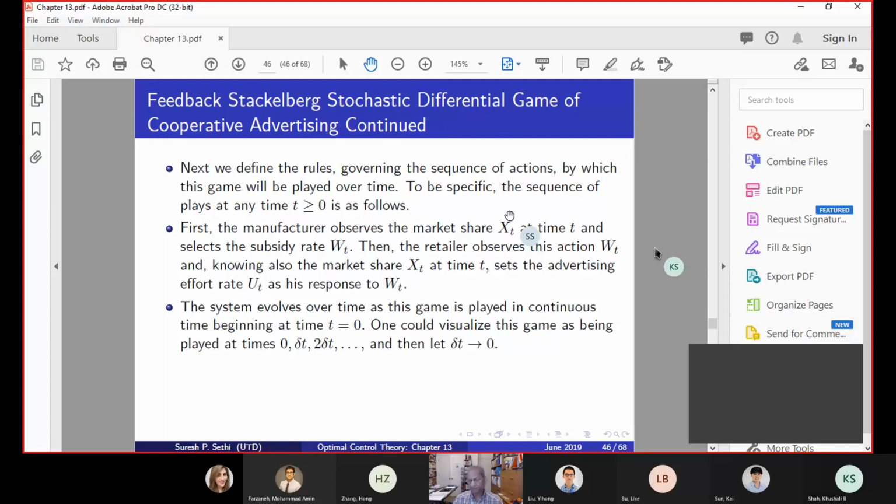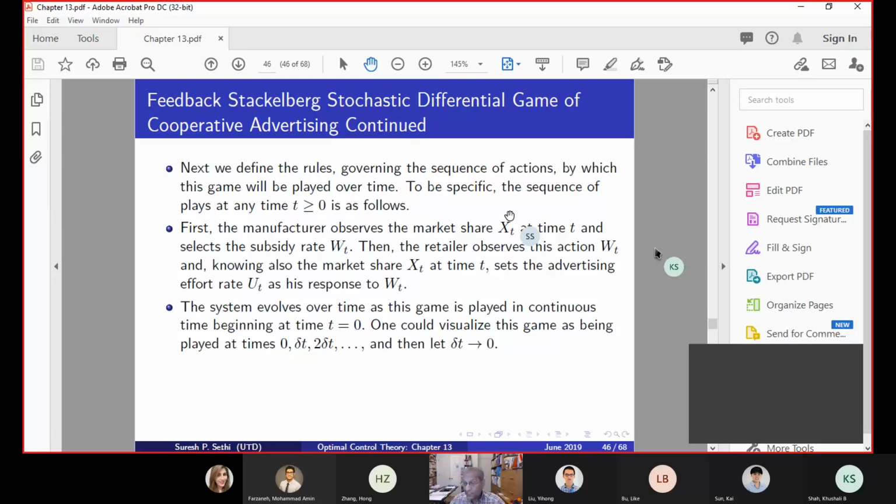News vendor problem. The manufacturer decides the wholesale price. The retailer reacts to the wholesale price and decides how much to order. But both people know how to solve mathematics. So the manufacturer knows what the reaction function of the retailer is. Okay?